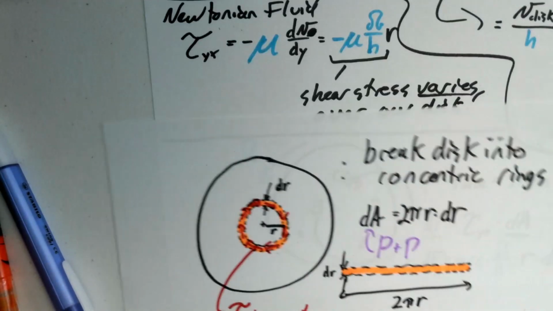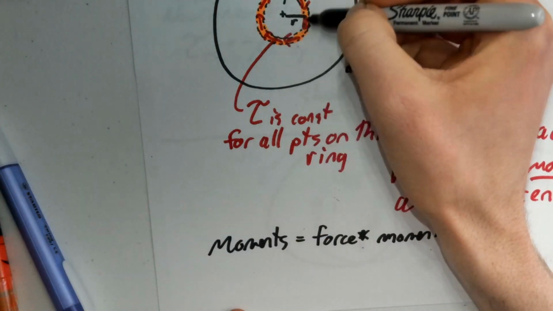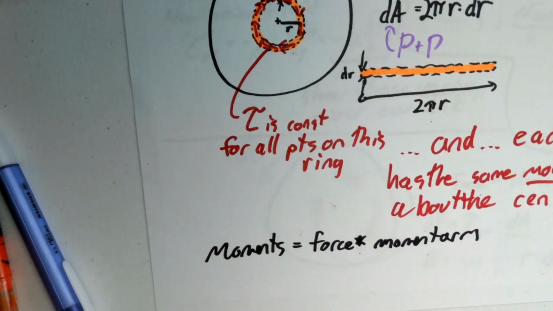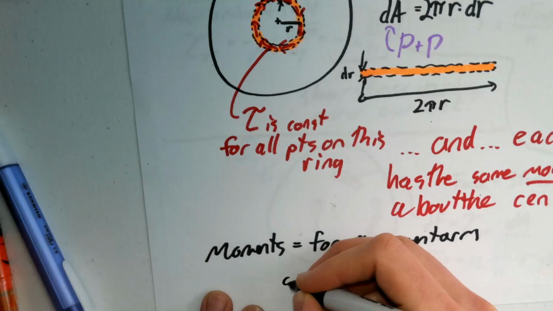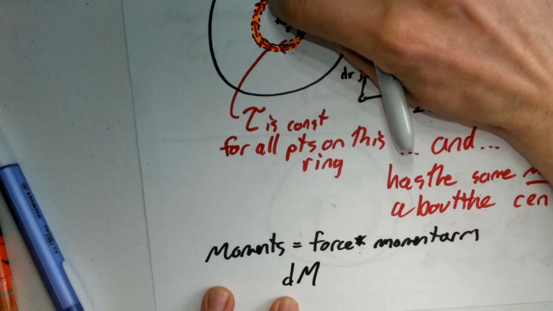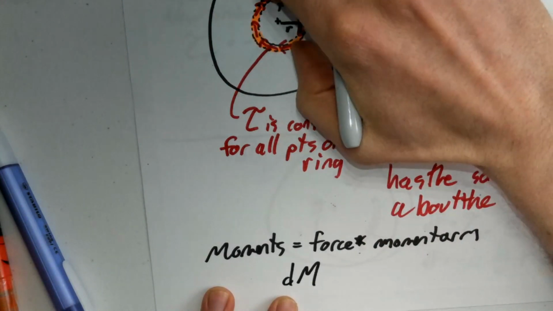So what can I do? I can consider each ring as having some contribution to the overall moment. dm is basically all of the moments associated with the little forces on each ring.